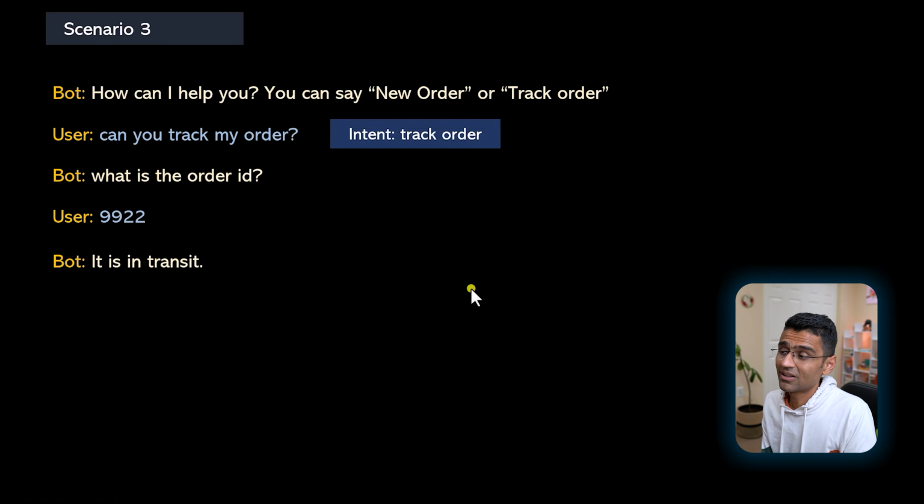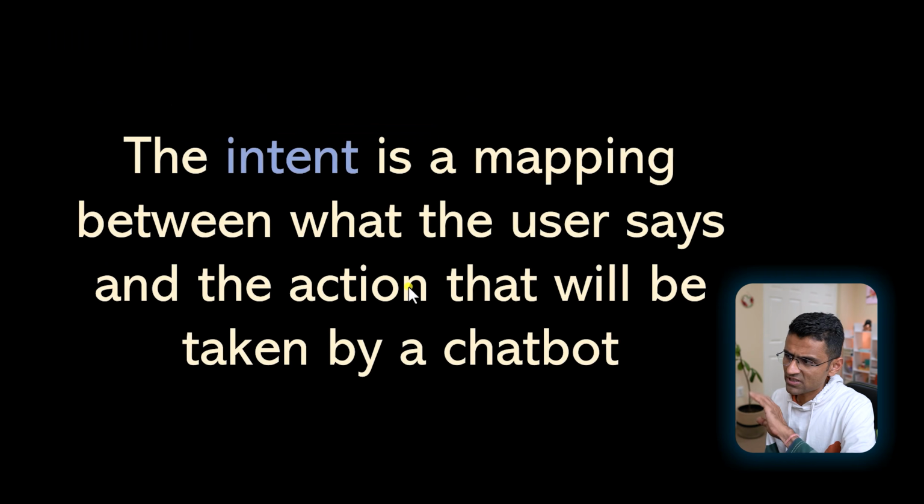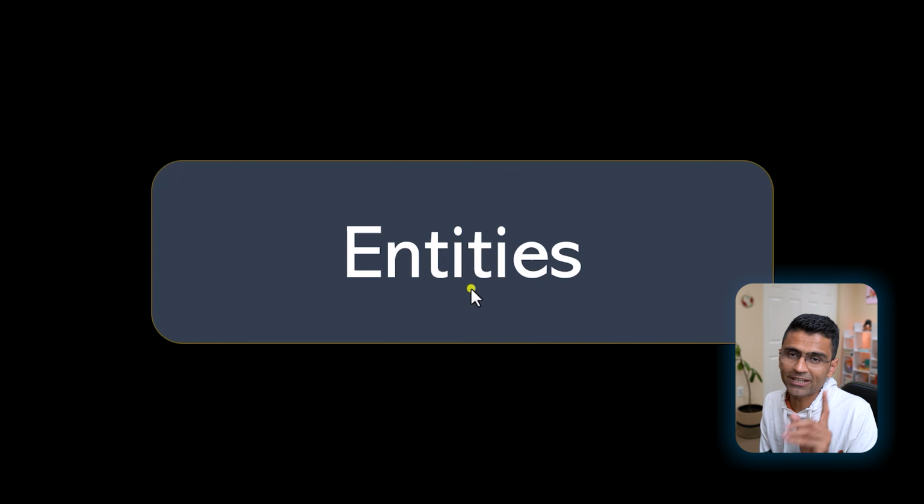So here the intent is track order. So it's just a mapping between what the user says and what action will be taken by a chatbot or your backend. Now let's understand the concept of entity. Folks, if you're following the NLP playlist, you already know what entities are, but let's look at entities in our context.